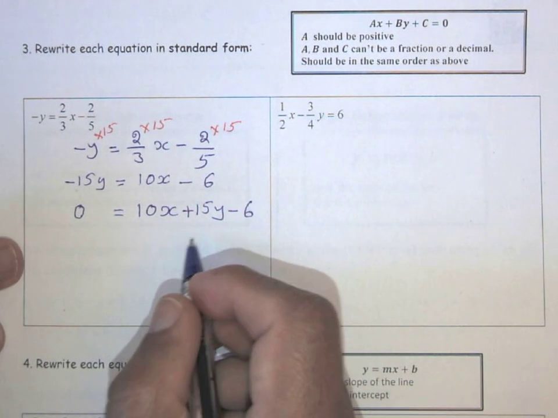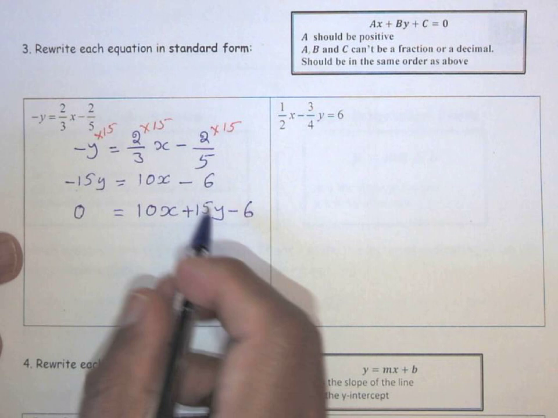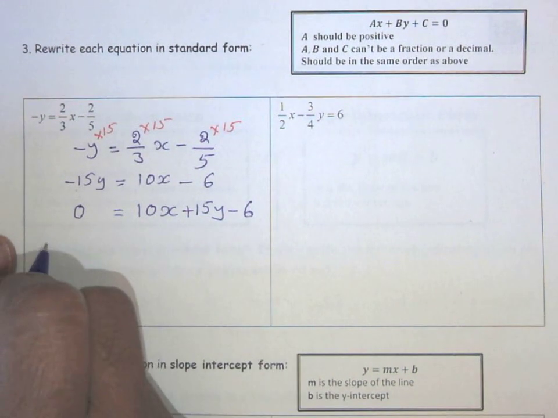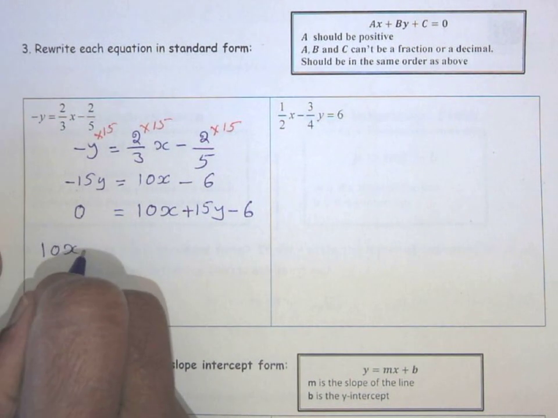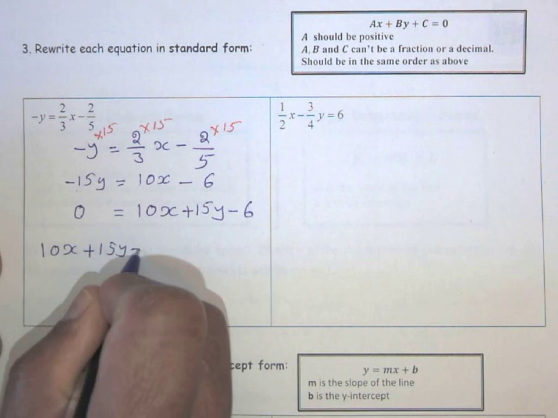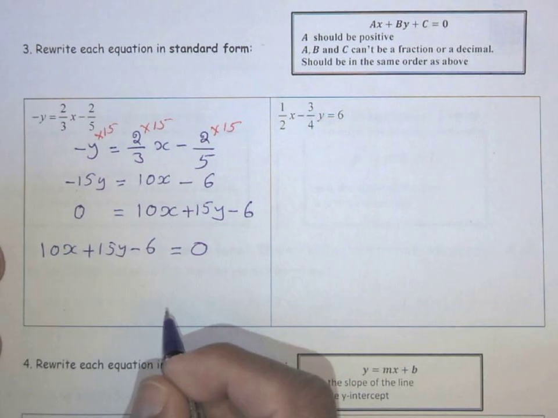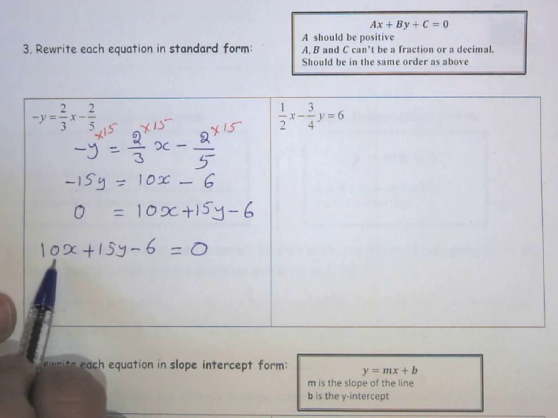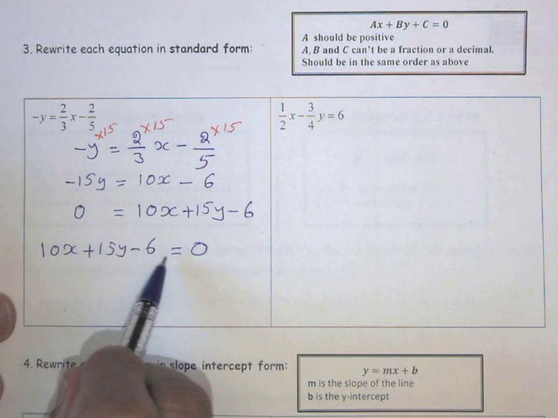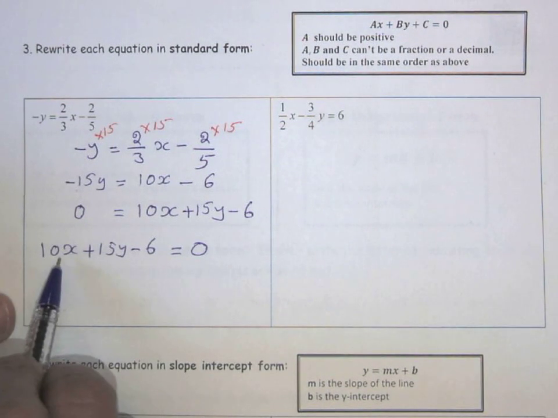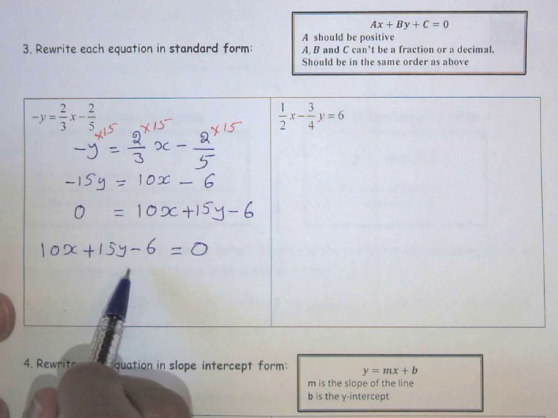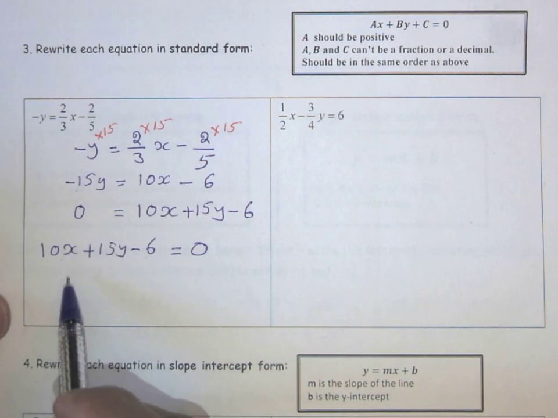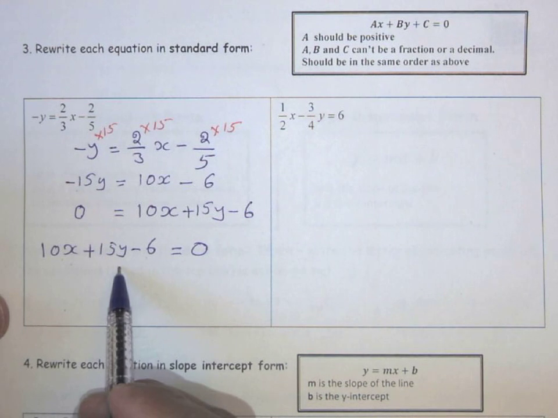To look neat and clean, you can change the sides: 10x plus 15y minus 6 equal to 0. And you need to check, is the first term positive? Yes, it's positive. Any fractions? No fractions, good. And are they in the same order? Yes, it is in the same order. So this equation is in standard form.